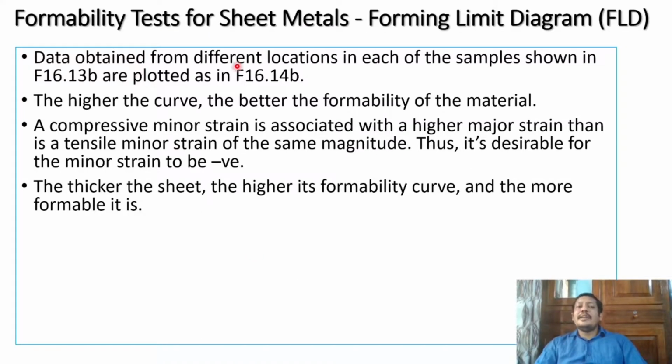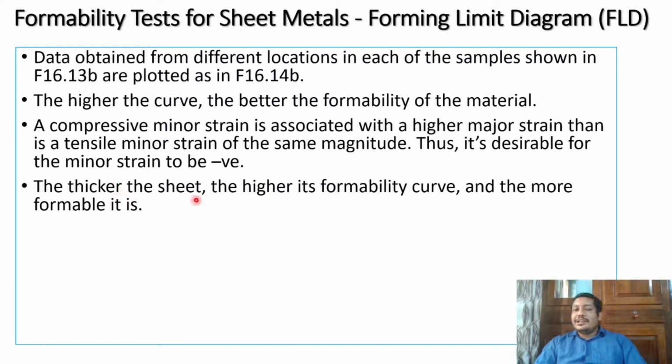So this is data obtained from different locations in each of the samples shown in that previous diagram. The higher the curve, the better the formability of the material. So that is the importance. A compressive minor strain is associated with a higher major strain than a tensile minor strain of the same magnitude.